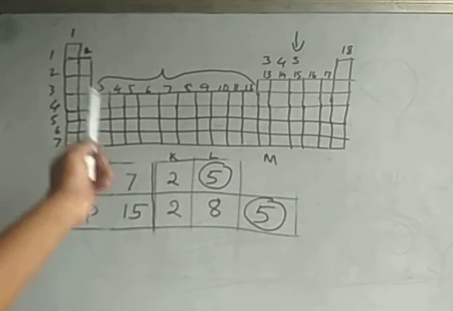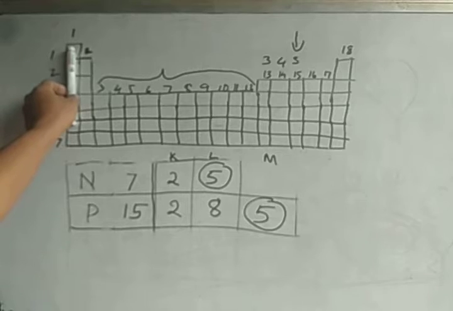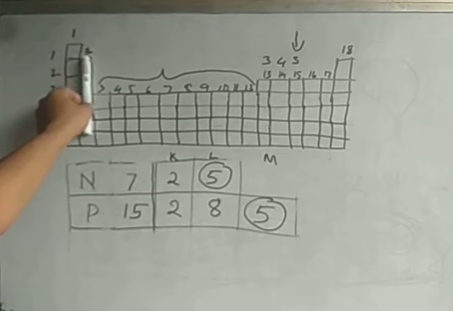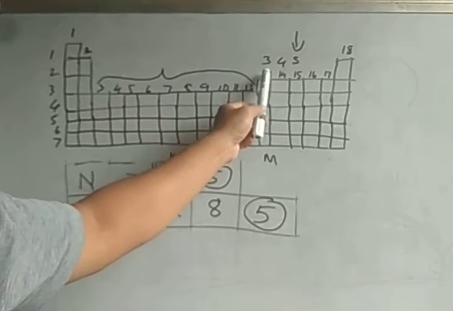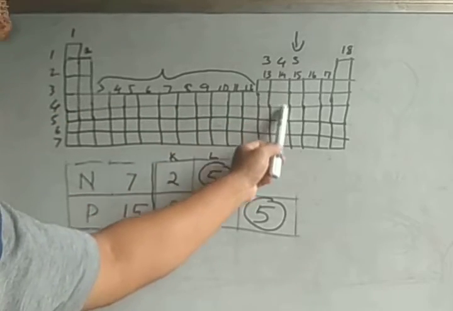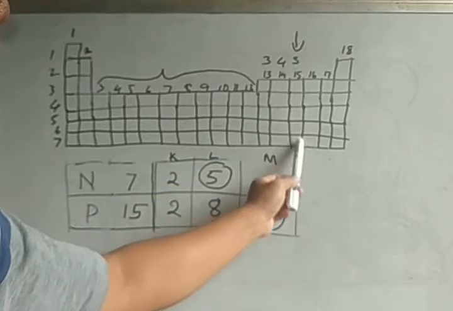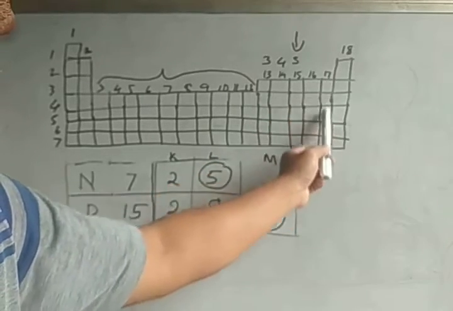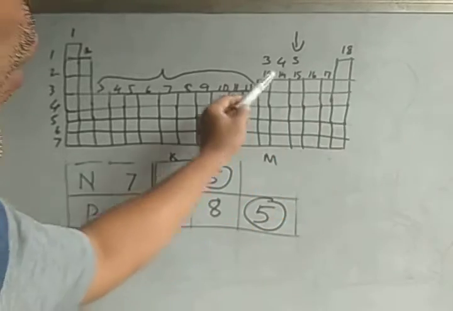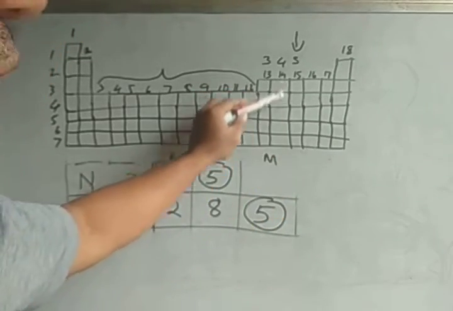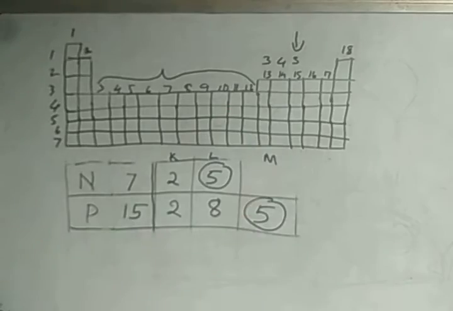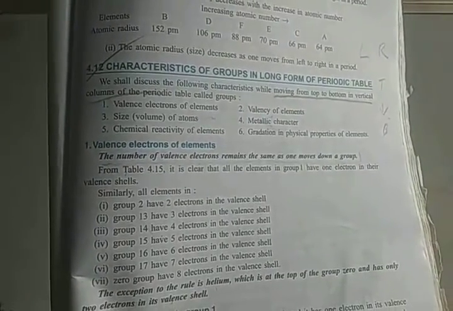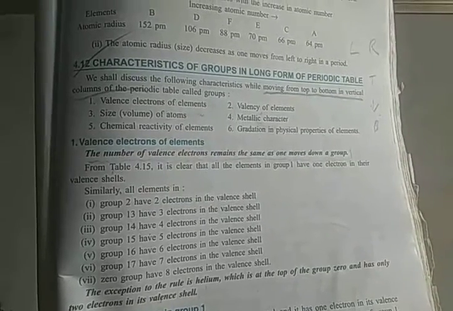Once again, 1 valence electron group, 2 valence electron group, 3, 4, 5, 6, 7 valence electron group, and 8 valence electron group. All those in a group have the same valence electrons. We already know the number of valence electrons remains the same as one moves down the group.